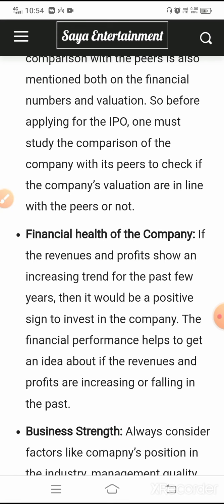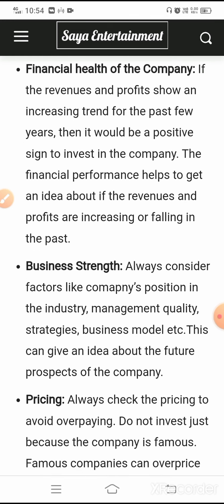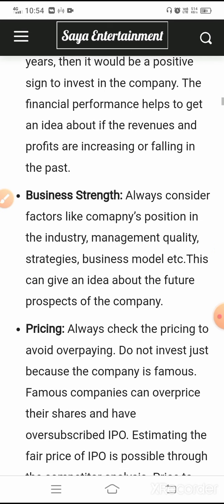The financial performance helps to get an idea about whether the revenues and profits have been increasing or falling in the past. Next is business strength. Always consider factors like company's position in the industry, management quality, strategies, business model, etc. This can give an idea about the future prospects of the company.